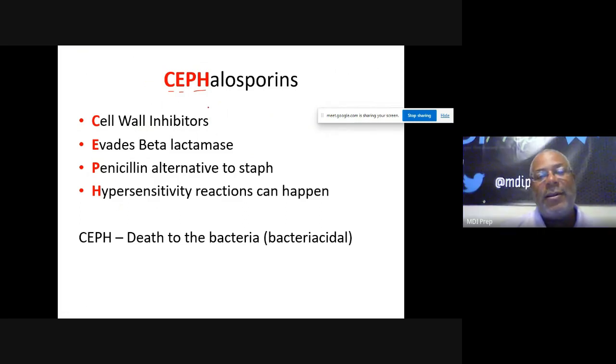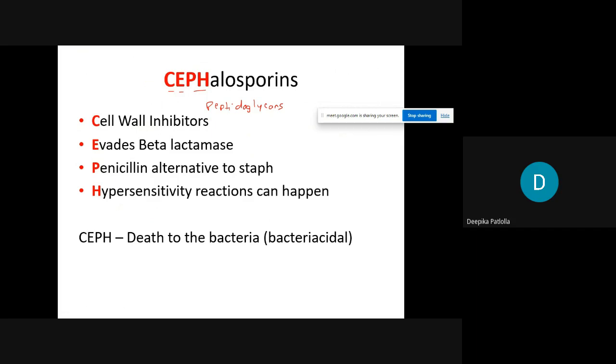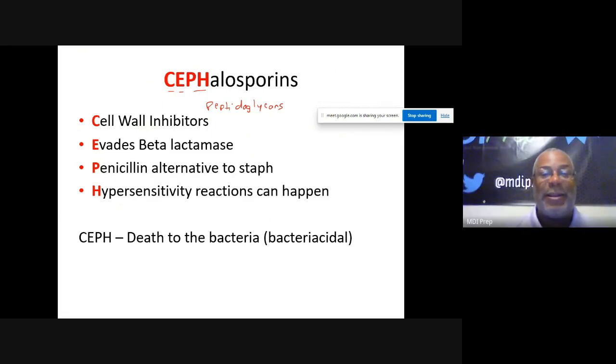Peptidoglycan. Right. So instead of cell wall inhibitor, if they put on your exam inhibits peptidoglycan synthesis, do you still understand they're talking about the cell wall? Exactly. Very good.